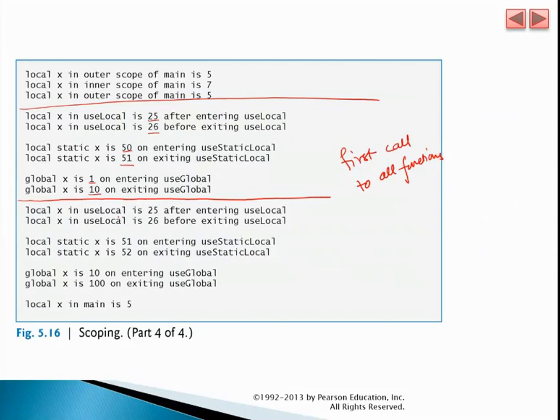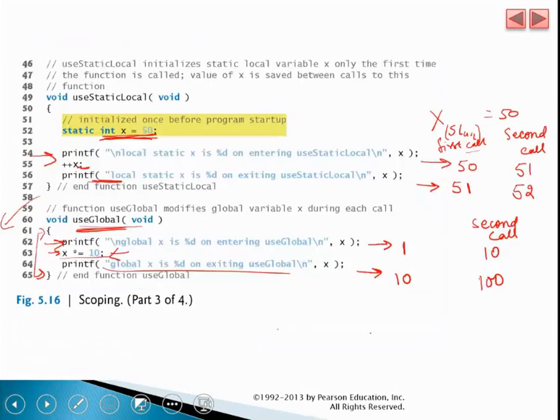For the local it is the same, 25 and 26, for the first call and second call. In case of static, the value is retained. And in case of global also the value is retained.